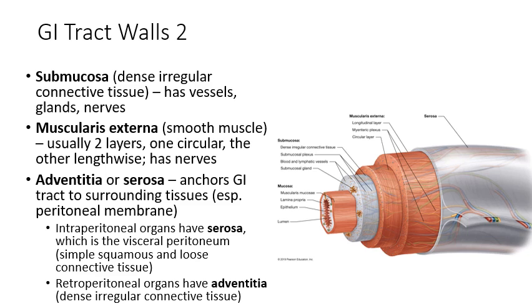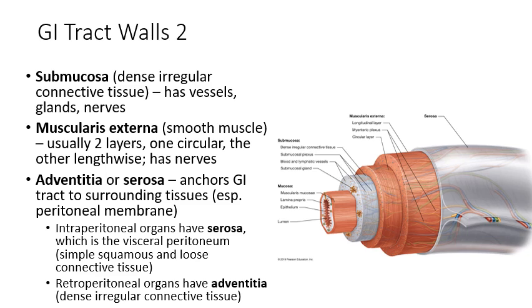Then the outermost layer of the GI tract wall is called the adventitia or the serosa, depending on where in the GI tract you are. For most of the GI tract, it would be called the serosa. So for all the intraperitoneal organs, they are going to be lined on their outermost surface with serosa, which is actually just the visceral peritoneum of the peritoneal membrane.